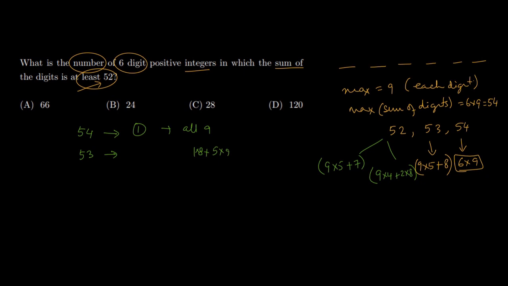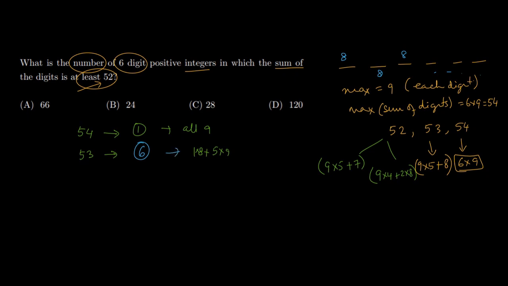That means I can put the 8 in any of these places, either here or here or here, anywhere. So I can have 6 possible ways to put the 8, and all other places will be occupied by 9. So there will be 6 ways of doing this.